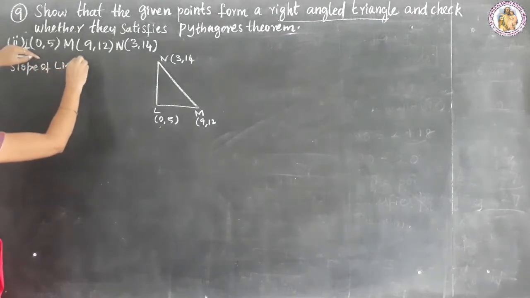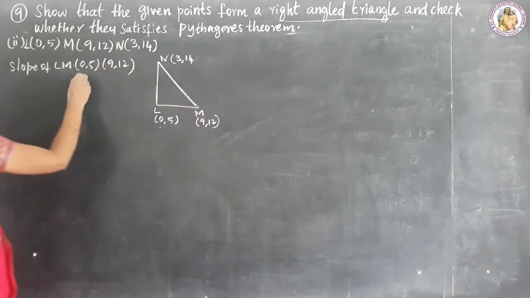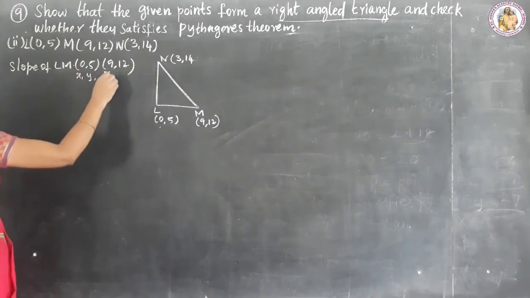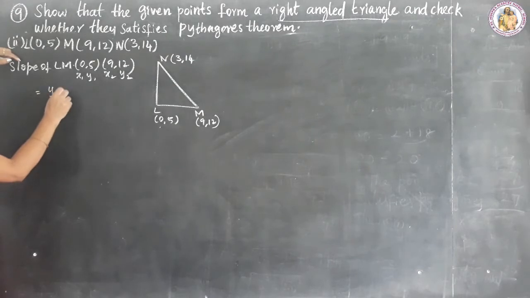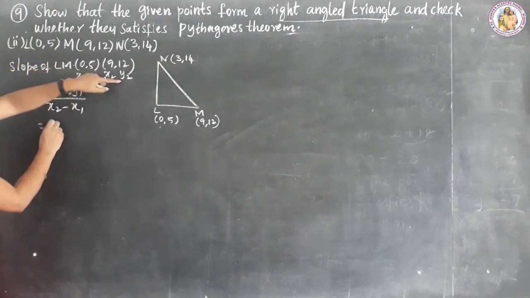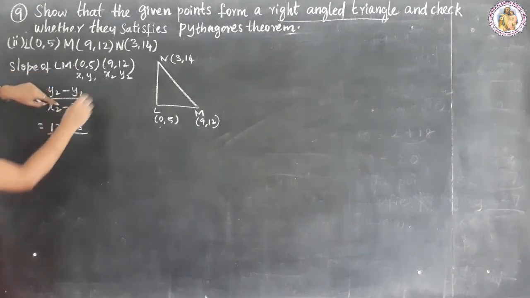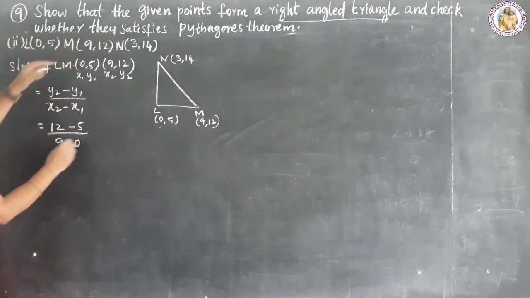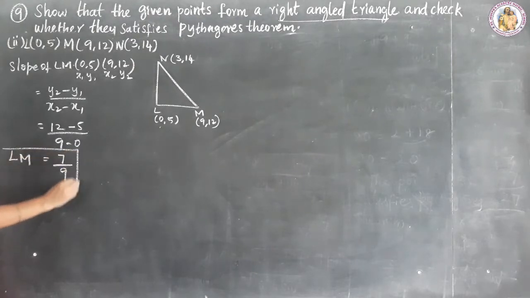The points are 0, 5 and 9, 12. Taking this as x1, y1 and x2, y2, slope is y2 minus y1 divided by x2 minus x1. So y2 is 12 minus y1 5, by x2 9 minus x1 0. 12 minus 5 is 7, divided by 9. Slope of LM is equal to 7 by 9.